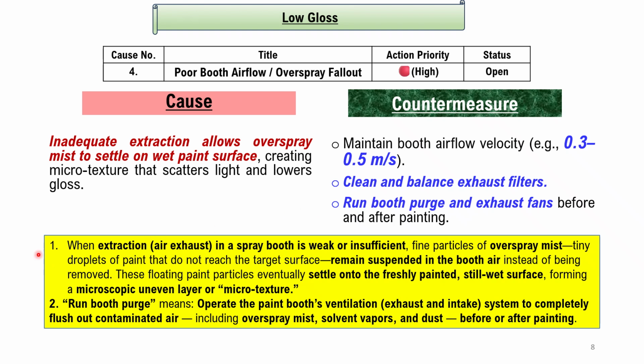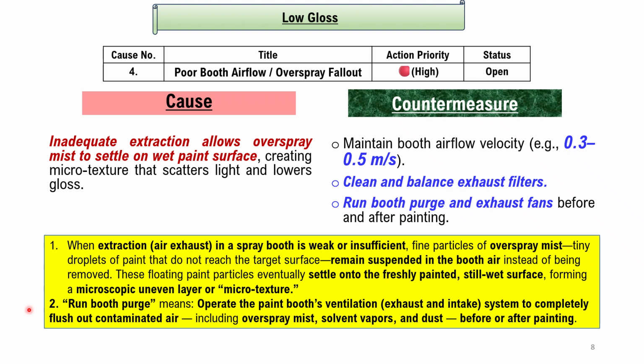When extraction air exhaust in a spray booth is weak or insufficient, fine particles of overspray mist, tiny droplets of paint that do not reach the target surface, remain suspended in the booth air instead of being removed. These floating paint particles eventually settle onto the freshly painted, still wet surface, forming a microscopic, uneven layer or microstructure.